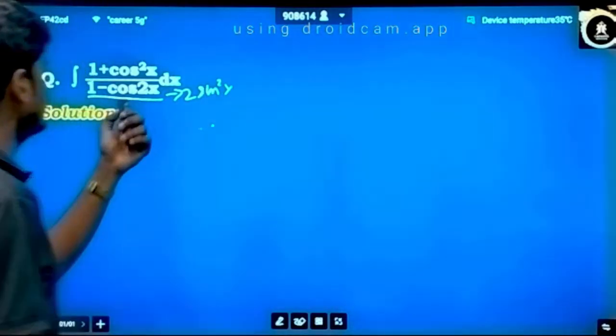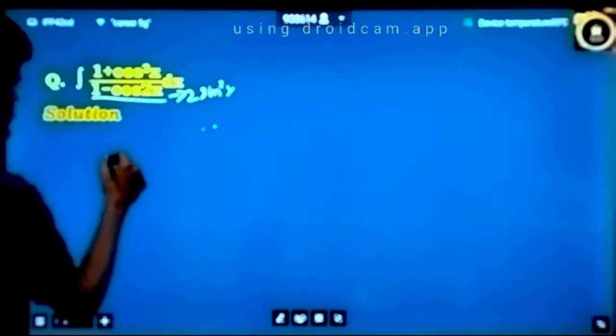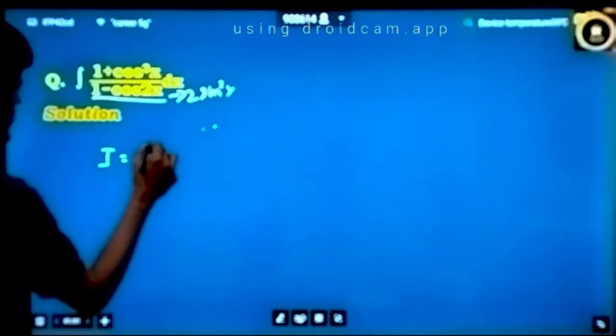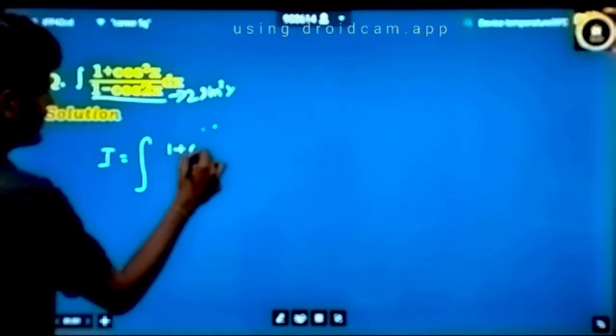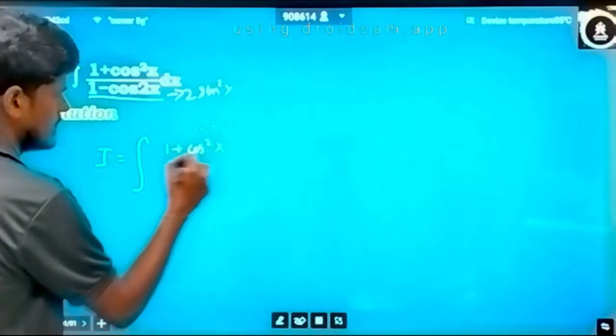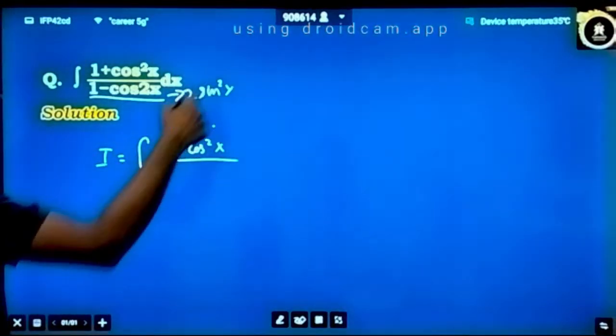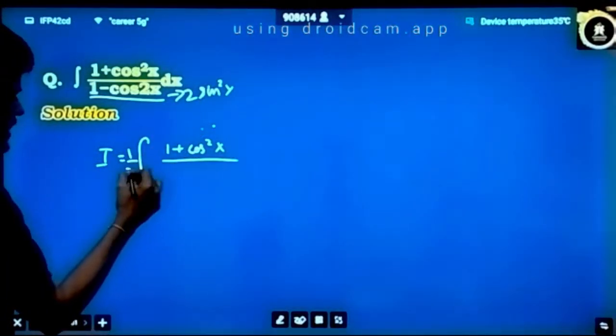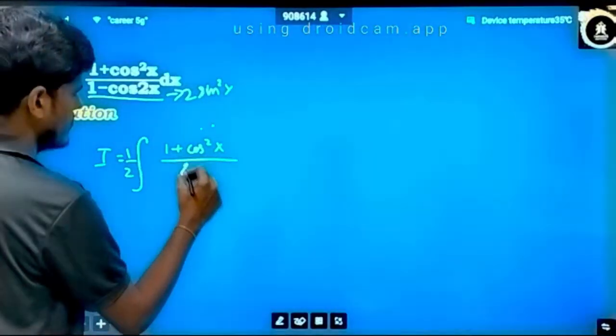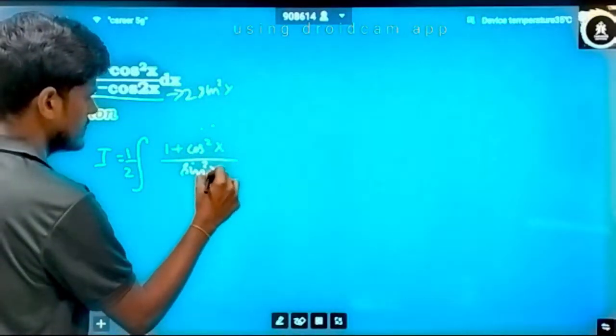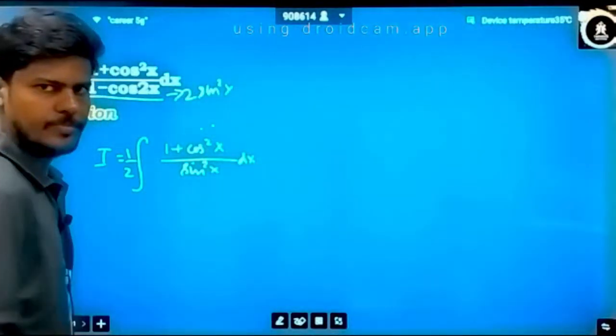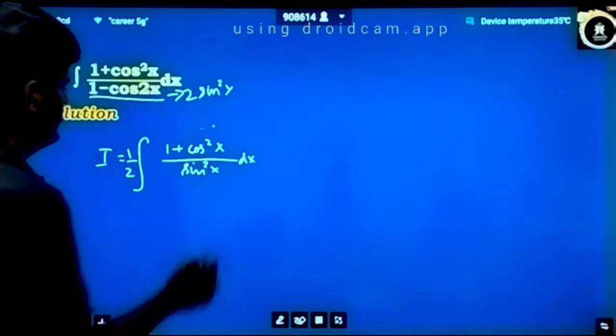That means substitute the value of this. So the integral will become the integral of 1 plus cos square x divided by 2 sin square x. We can take 2 outside, sin square x dx. Okay, now what we need to do?